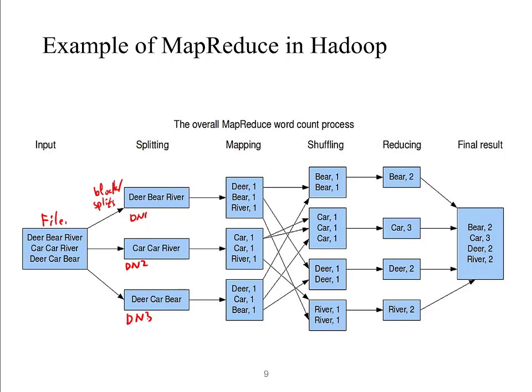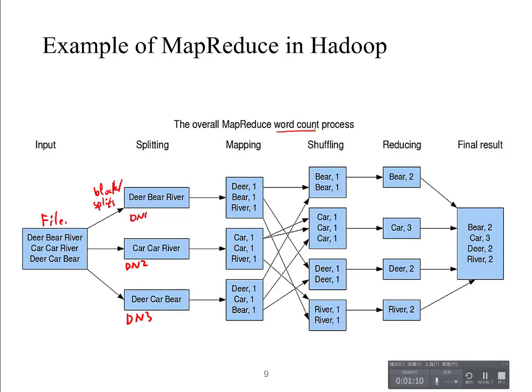Because of the locality optimization, hopefully data node 1 has this block, and data node 2 has this block, and so on and so forth. Remember, our goal is to count the frequency of the words, and because the data is too large, each partition or each node does not know what the other nodes have.